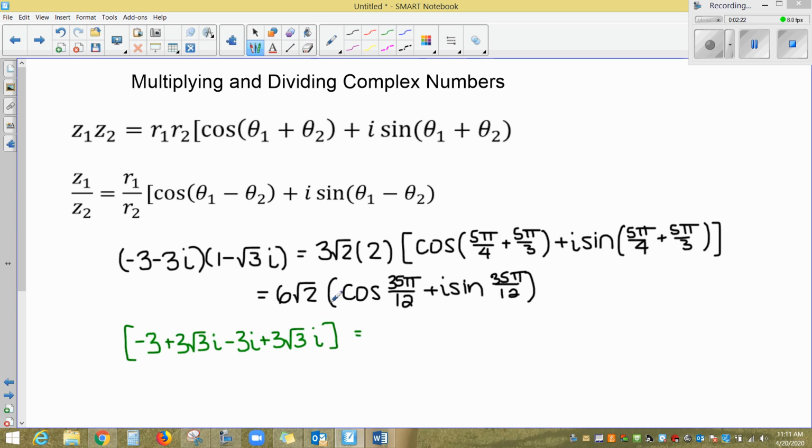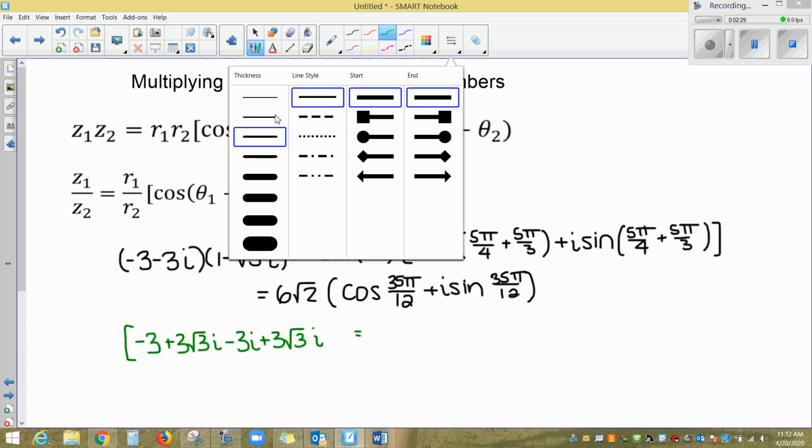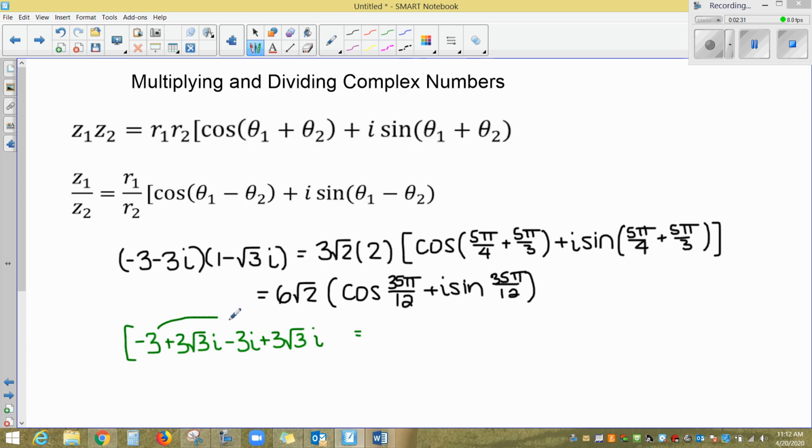So combining our real parts together, we have a -3, and that will become -3 square root of 3 for the real part. And combining our complex parts together, we can factor out the i, and we have 3 square root of 3 minus 3.